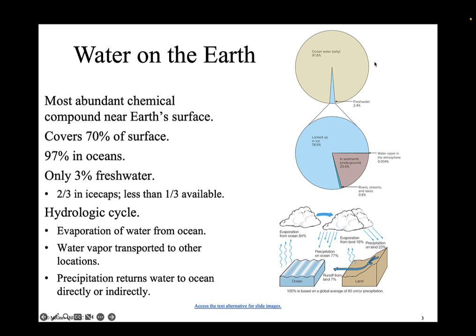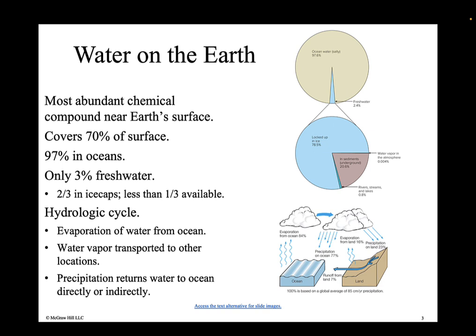So here, 97% of that water is in the ocean, so that's not actually fit for human consumption, just because of the salinity of that water being way too high, and the rest, about 3%, is what we know as fresh water, which is the water that we can actually consume, okay, or that's fit for human consumption.